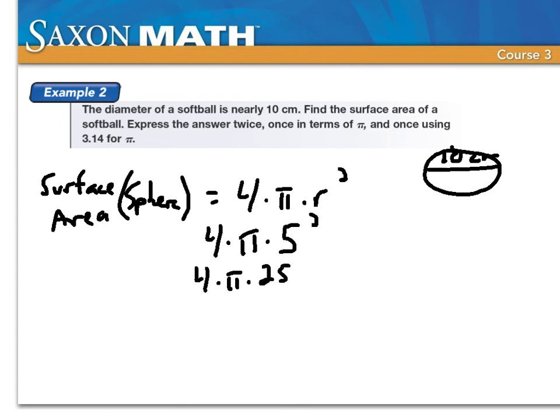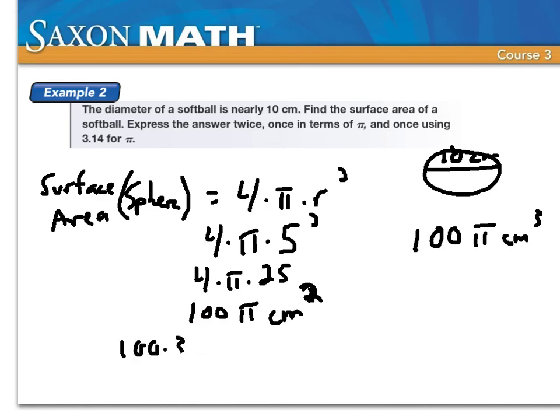So I've got 4 times pi times 5 squared is 25. Then I'm going to multiply the number parts together and just put pi afterwards. Okay, so one answer I'm going to get is 100 pi centimeters squared, because it's surface area. Okay, so I'm going to rewrite my answers over here. That's one answer, 100 pi centimeters squared. And the other answer I want using 3.14 for pi, which means instead of leaving pi, I'm going to multiply 100 by 3.14.